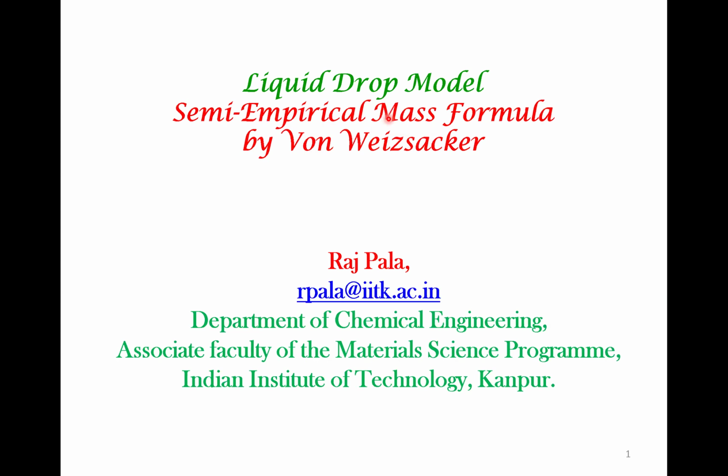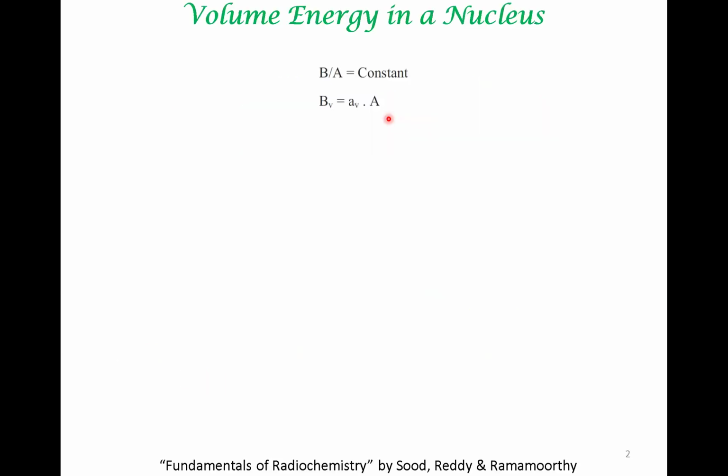Let's move on. In an earlier lecture, we had seen the binding energy per nucleon is a constant, right? So this model, which we're going to be discussing, is applicable to nuclei which have A greater than, let's say, 30.